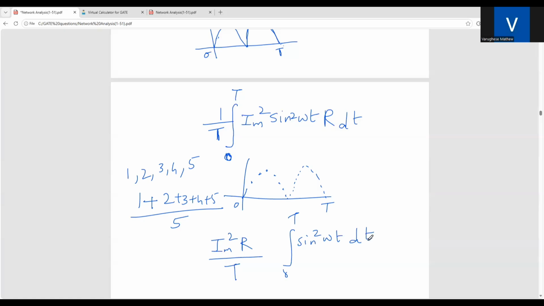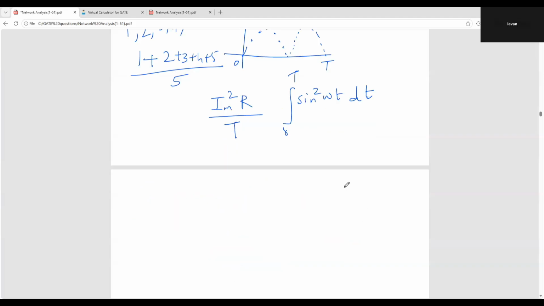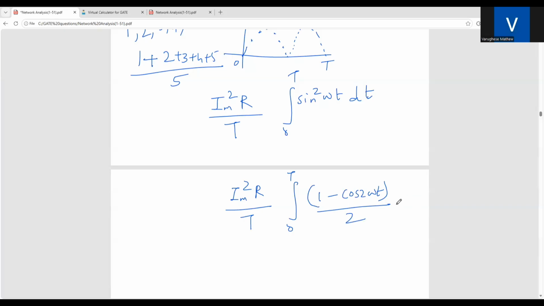What is the integral of sine squared omega t dt? Sir, we have to change the sine square into 1 minus cos. So it is actually Im squared R by T. This can be written as 1 minus cos 2 omega t by 2 dt. Okay.